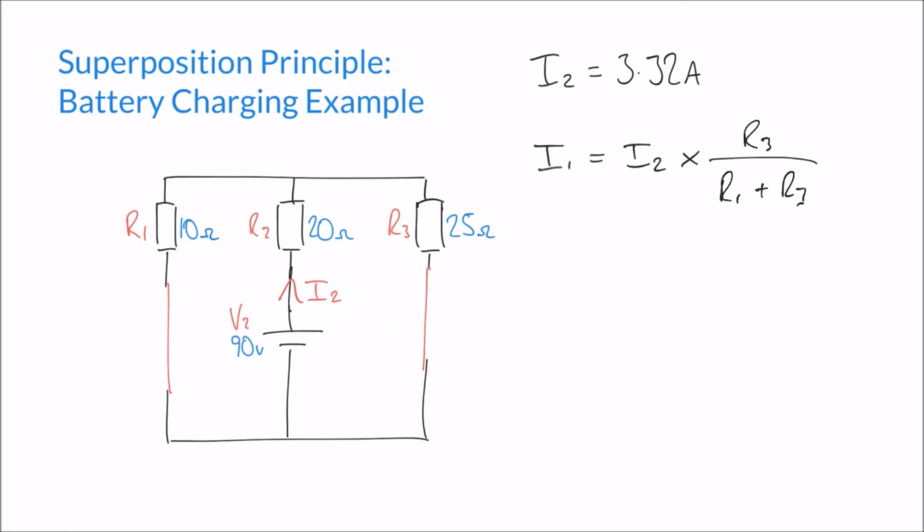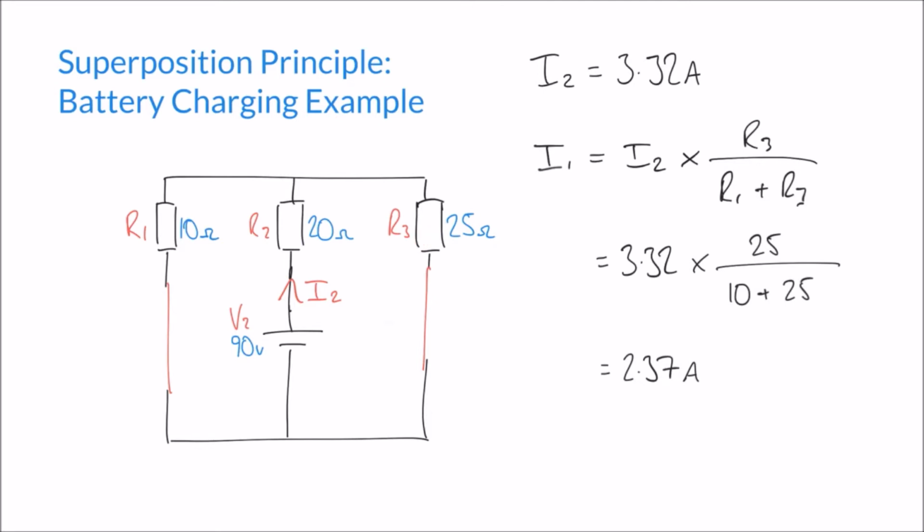And so as a result, putting some numbers in, we can say that that's 3.32, which was our supply current I2, multiplied by a fraction, R3 going on the top, so that's 25, R1 plus R3 on the bottom, 10 plus 25. And calculating that gives me a result of 2.37. That's in amps. And again, it's easy to calculate I3 now.